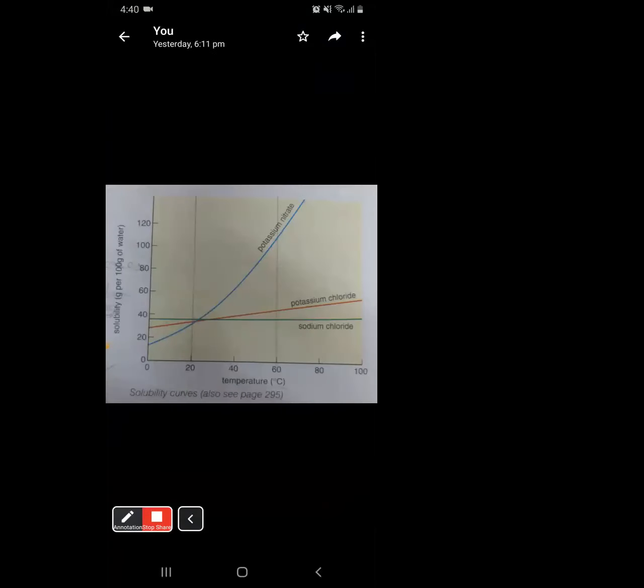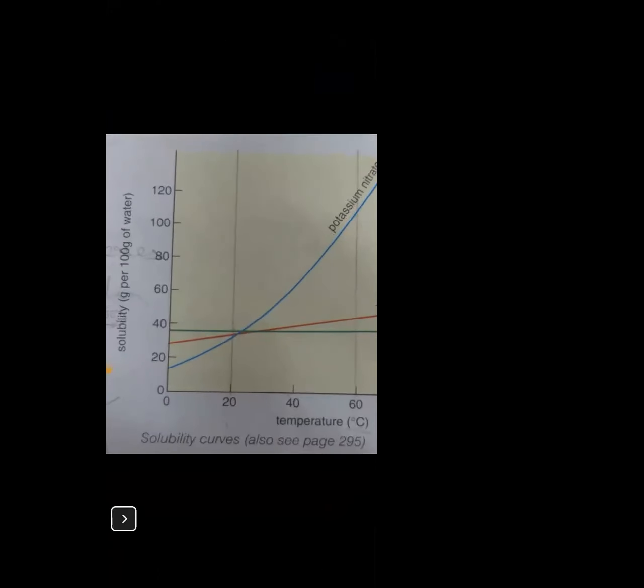So let's look at this graph. What's happening at 20 degrees Celsius? With the help of a pencil, I drew this line so that I know exactly what's happening at this particular point, 20 degrees Celsius. Which line is at the top? They have drawn the three graphs with three different colors, which is helpful.